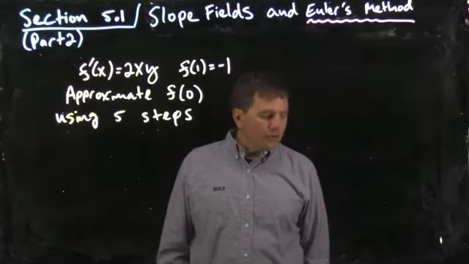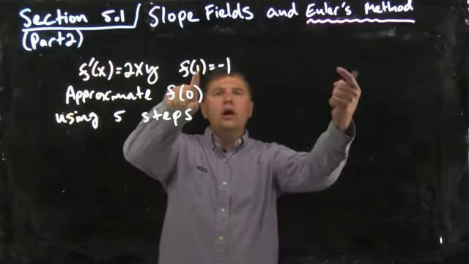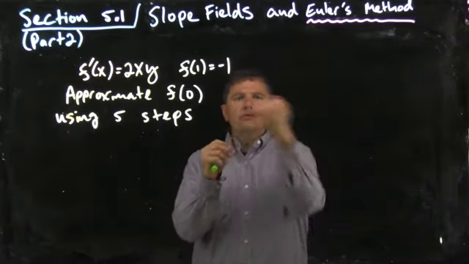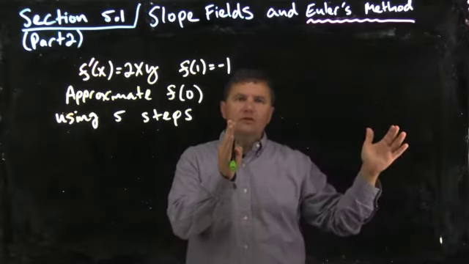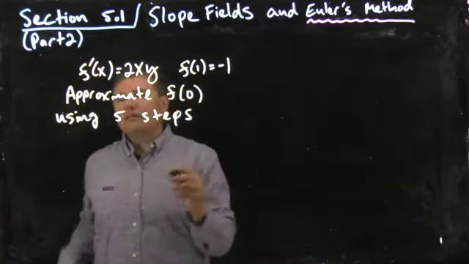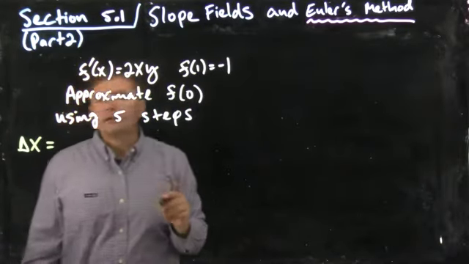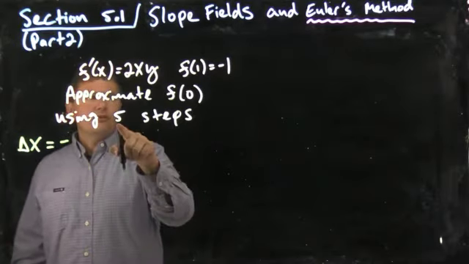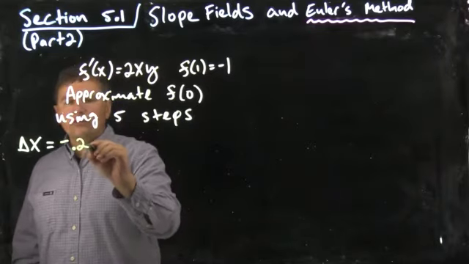The thing that's different about this one is that we're starting at 1 and going back to 0, so we're moving to the left instead of the right. If I move to the right, my delta x is positive. If I move to the left, my delta x is negative. So with 5 steps from 1 to 0, delta x is -0.2.